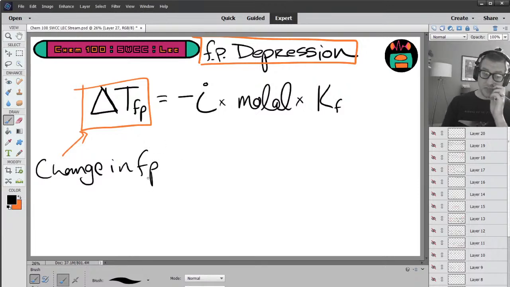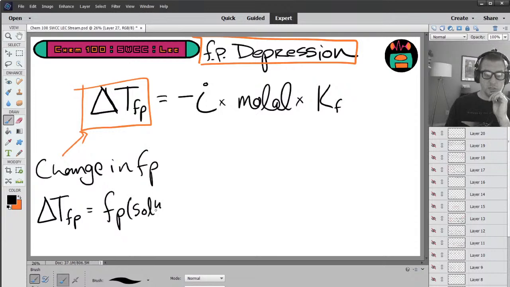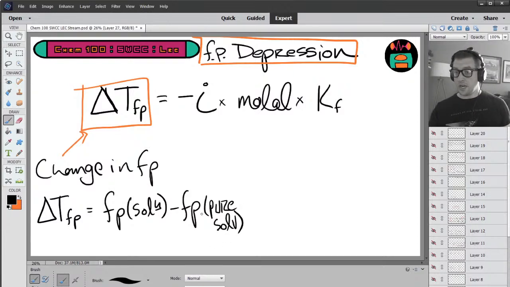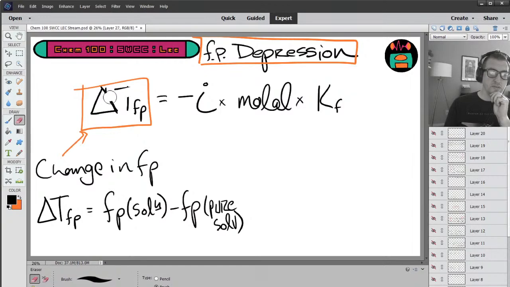And actually, there's another equation for it. The change in freezing point is equal to the freezing point of the solution minus the freezing point of the pure solvent. All right, so that's another formulation for the change in freezing point. Actually, I'm going to simplify this real quick.